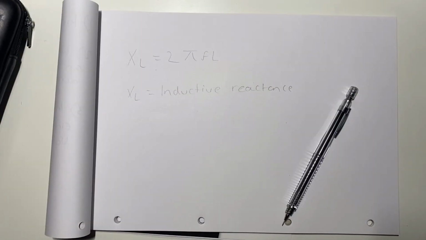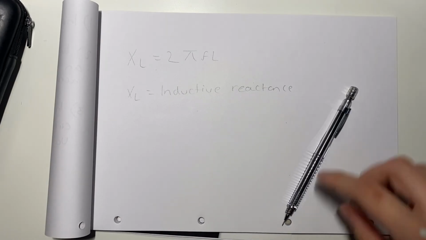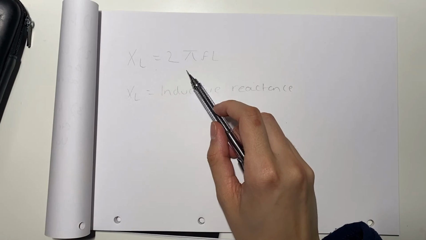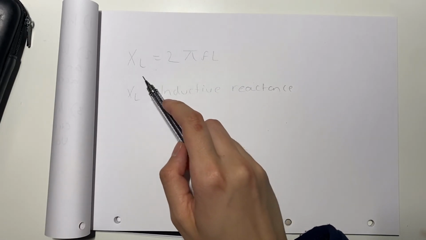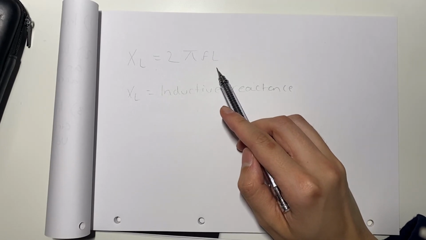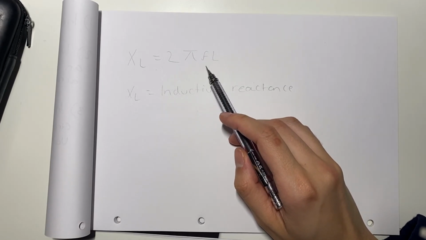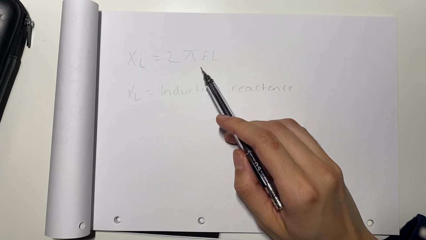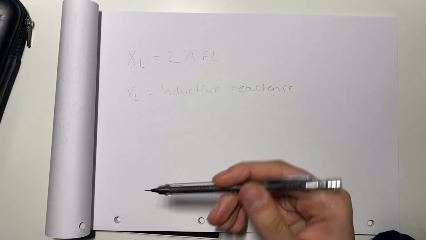But not least, inductive reactance. Similar to capacitive reactance, inductive reactance is the opposition of flow of AC current within an AC circuit. And the formula for this is XL equals 2 pi FL. Our XL is inductive reactance, L is our inductance, F is our frequency, pi is pi, 3.14, and 2 is just 2.